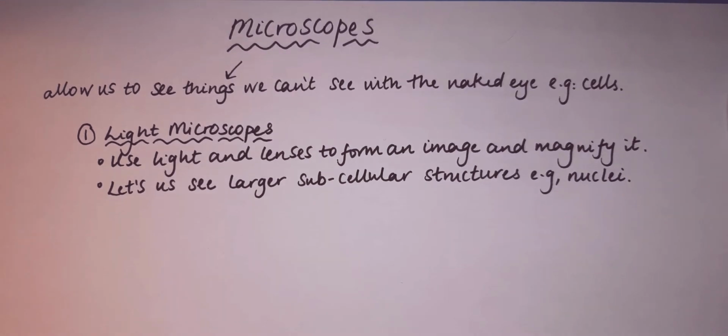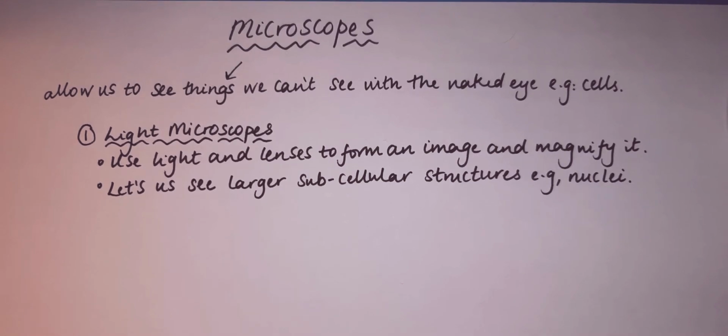Now, the second type of microscope we need to know about is the electron microscope. These microscopes are a little bit different because they don't use light and lenses to form an image. They use electrons instead. And this allows the image to have a higher magnification and a higher resolution.